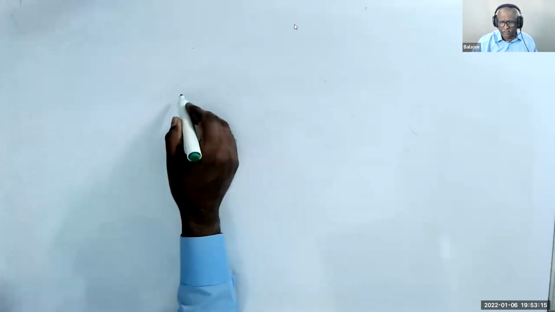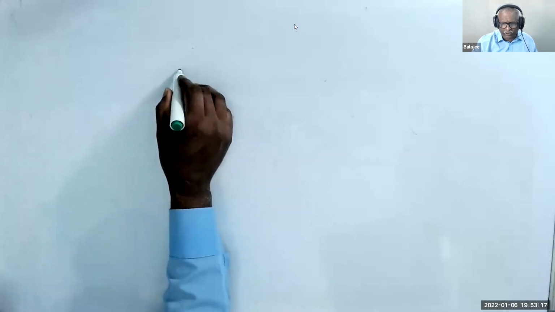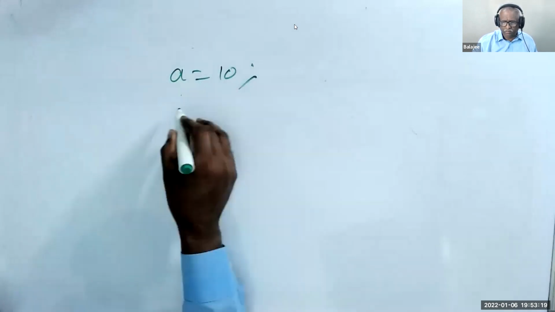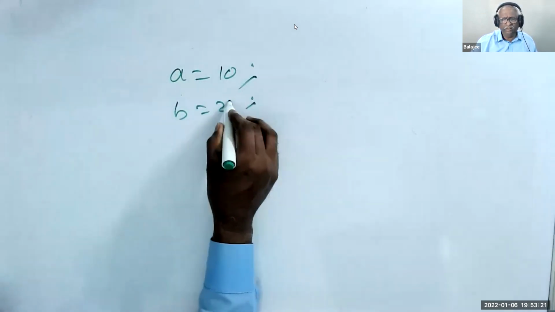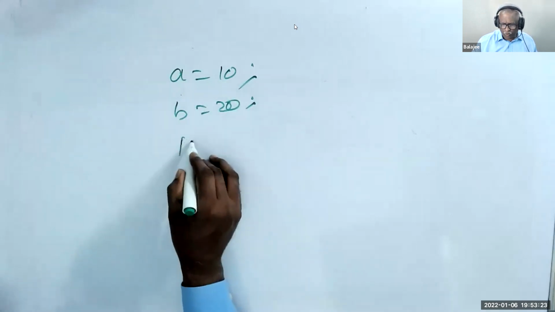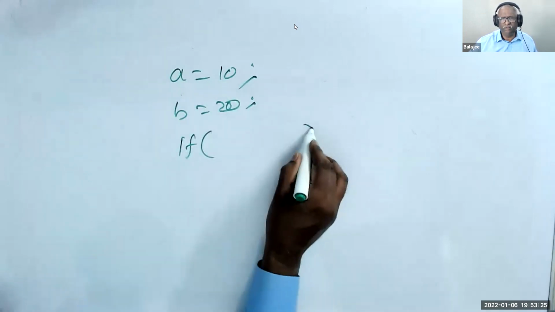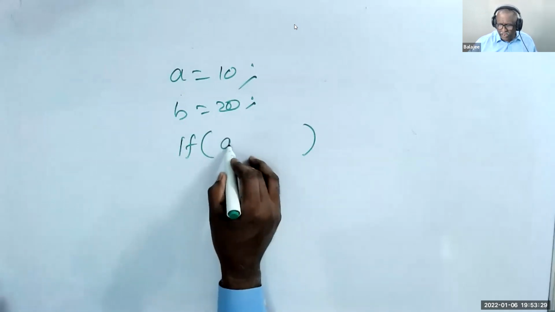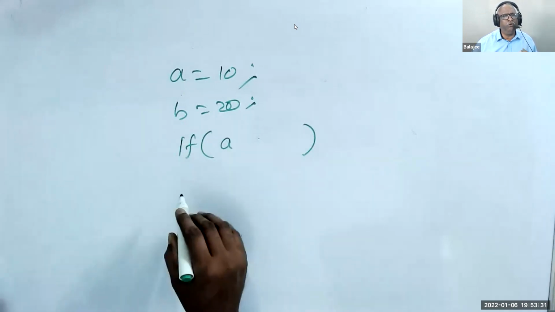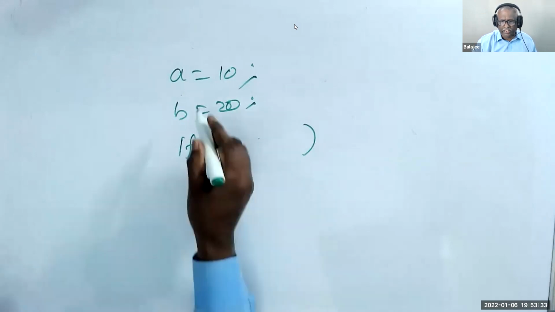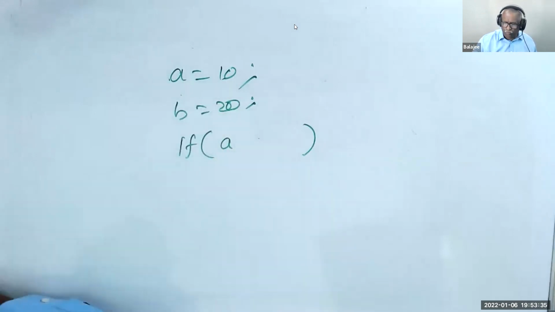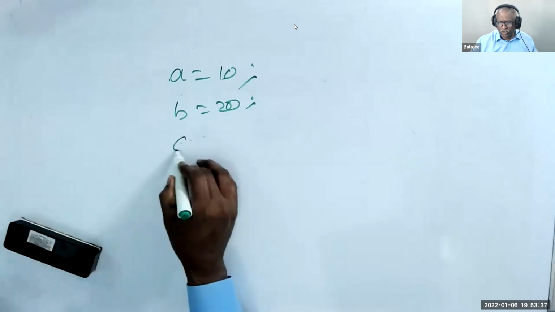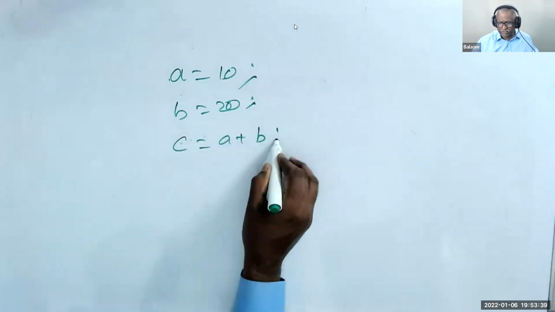Normally when you write a program, A is equal to 10, B equal to 20. Simple condition. There's one statement called if. You put A is 10, B is 20, and let's say, for example, C is equal to A plus B. You will check if.